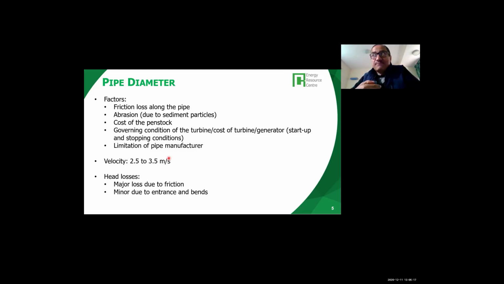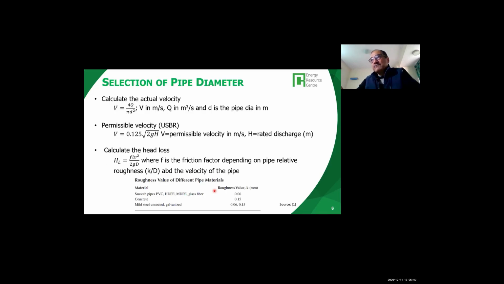And what are the main head losses in the pipes? This is mainly due to the friction effect and due to the entrance and bend losses, when you have a bend in the pipes.